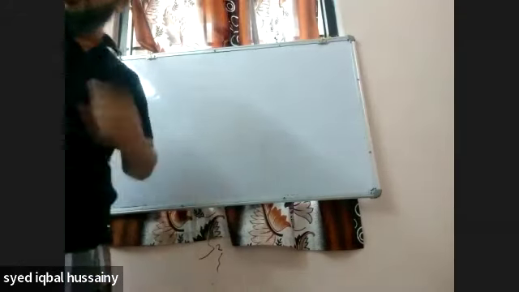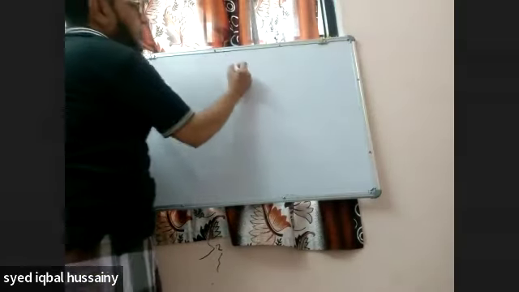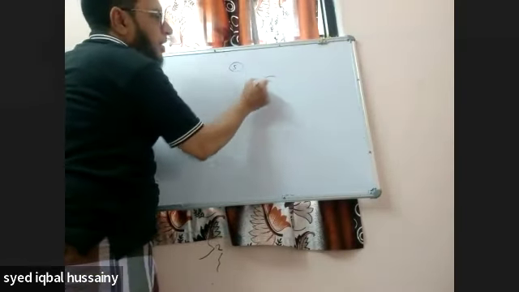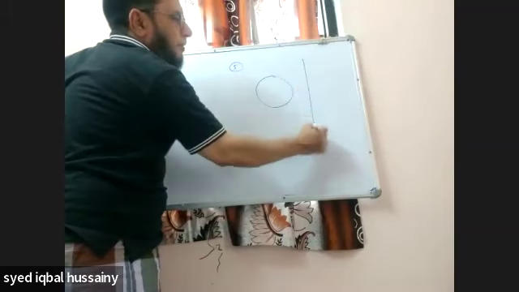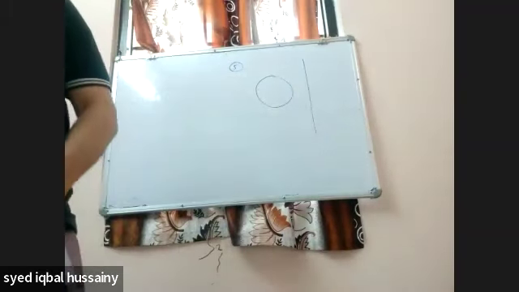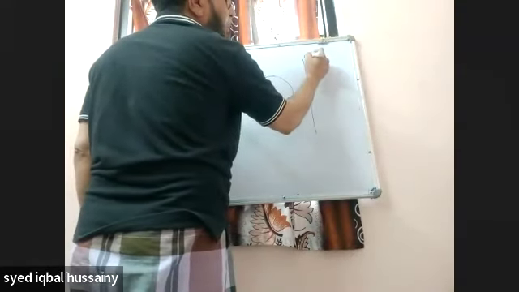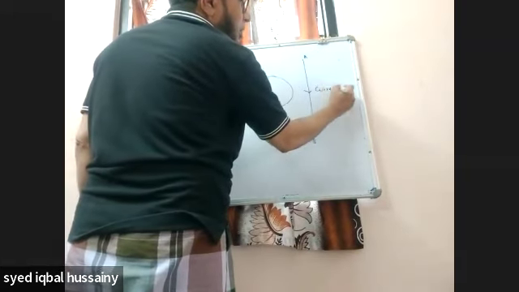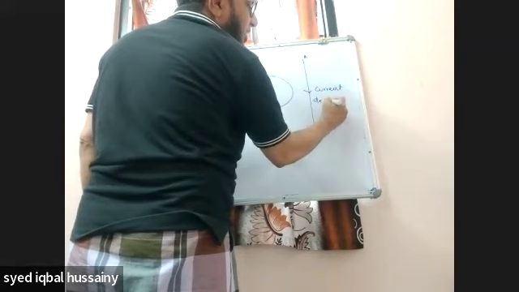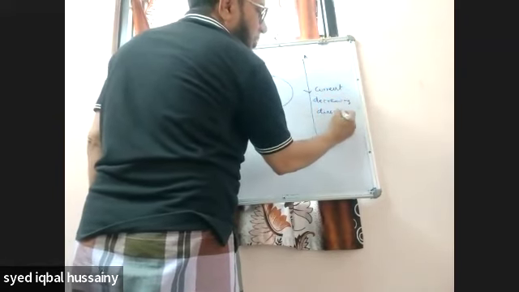So question number 5, note down question number 5. Coil is here. A to B. Current decreasing direction. Decreasing direction.